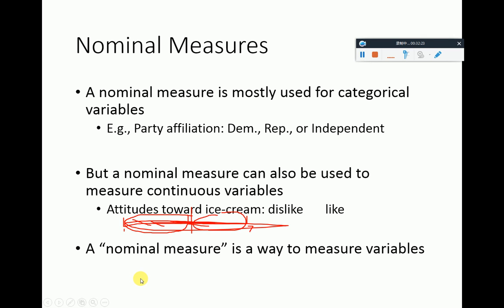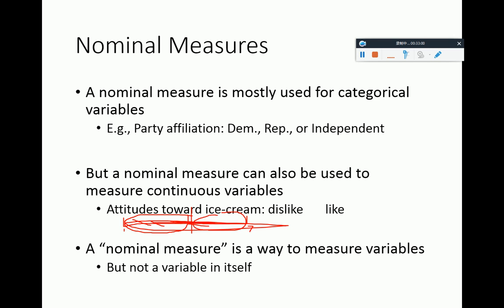So in the end, we should bear in mind this distinction, right? That I repeatedly try to emphasize. That is, when we say we're handling a nominal measure, then we're talking about a process, a procedure, right? A way to measure variables. We should not confuse a measure with a variable, at least for the purpose of this class.